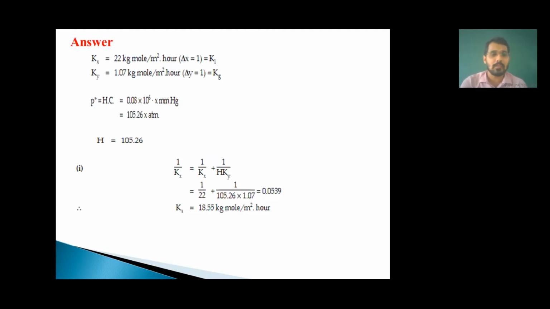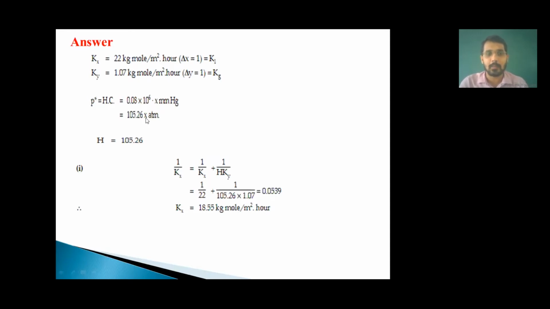And the equation by using Henry's law is given as P star is equal to H into C, that is equal to 0.08 into 10 raised to 6 into x mmHg. X is nothing but composition. So P star is equal to, I am converting this value into atmospheric pressure. So 0.08 into 10 raised to 6 mmHg is nothing but 105.26 x atm.